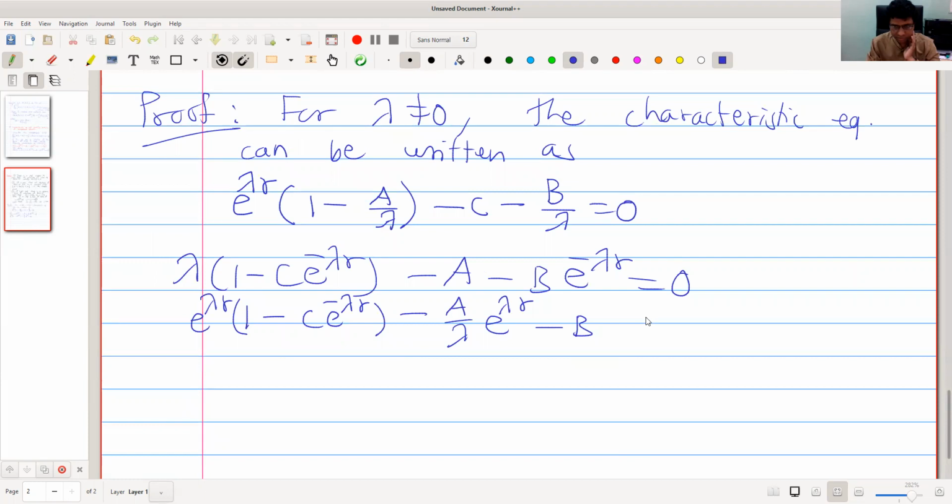It becomes e raised to lambda r minus a by lambda e raised to lambda r, and this becomes minus c, simply minus b by lambda. So we are getting this equation.